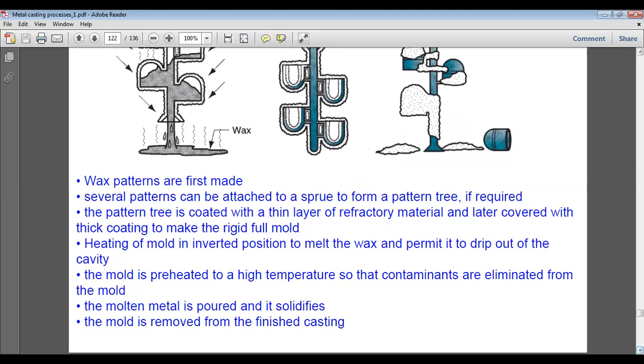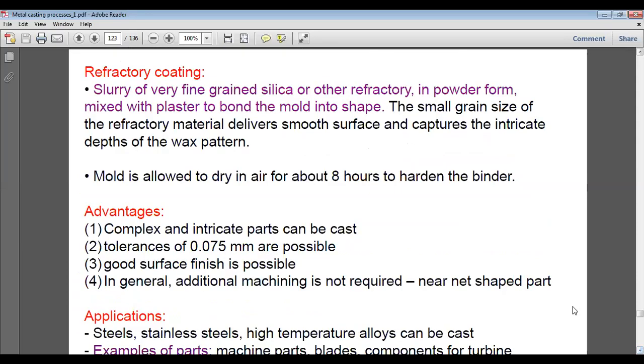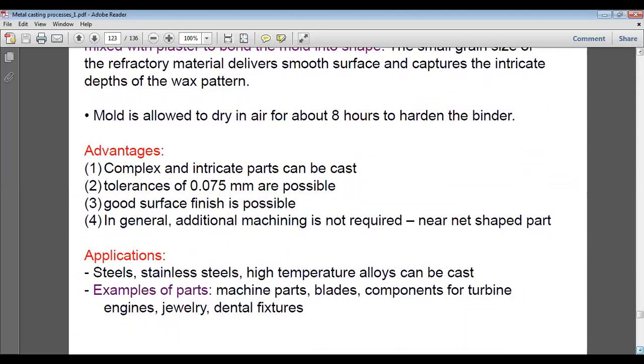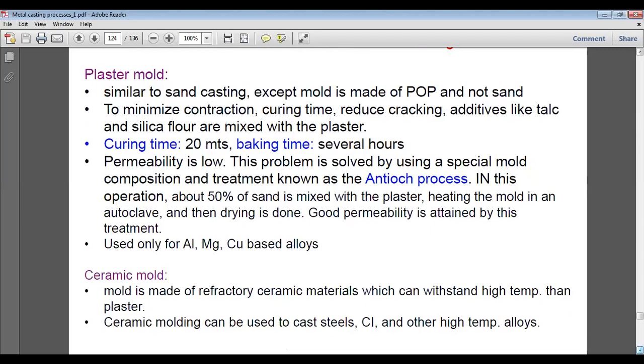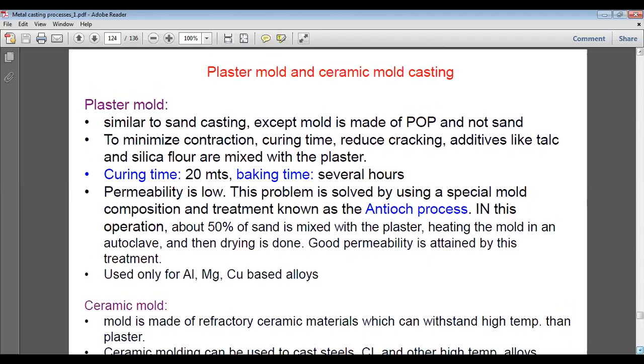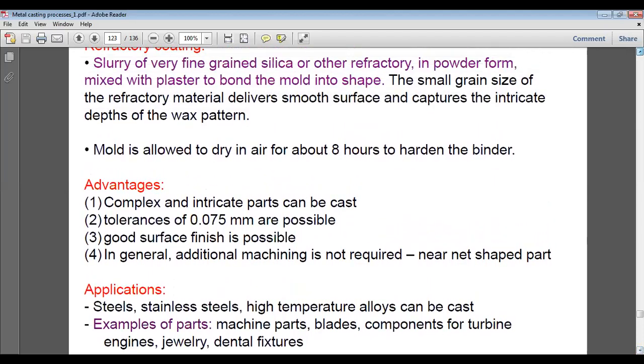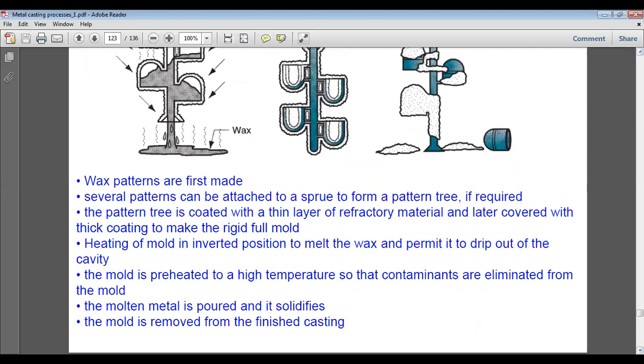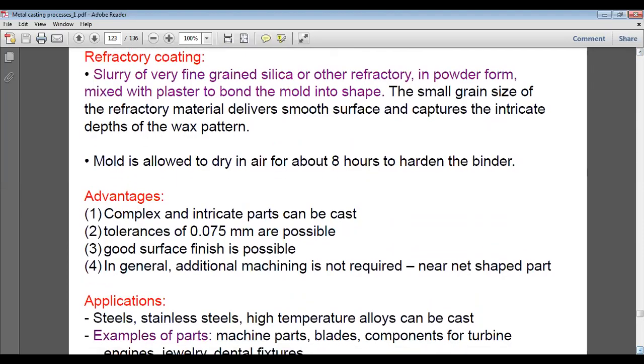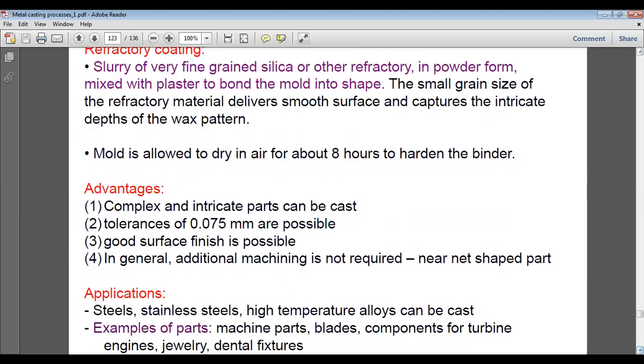But at the same time, it has the disadvantage that big parts cannot be cast by the lost wax process.